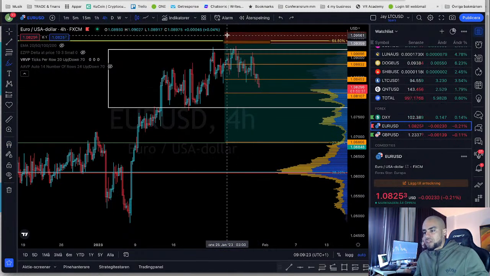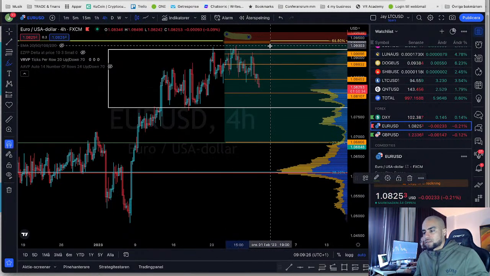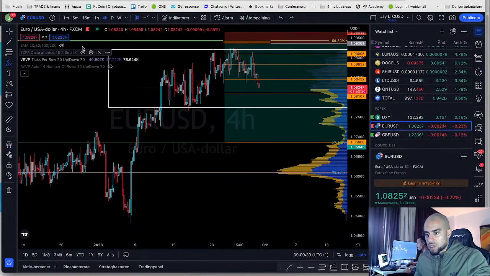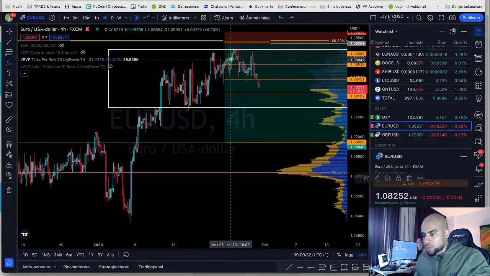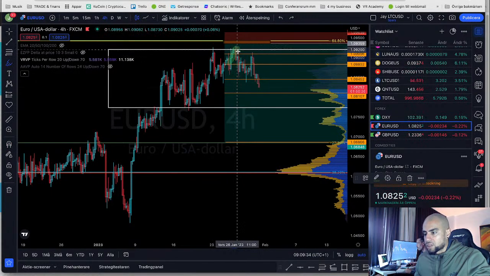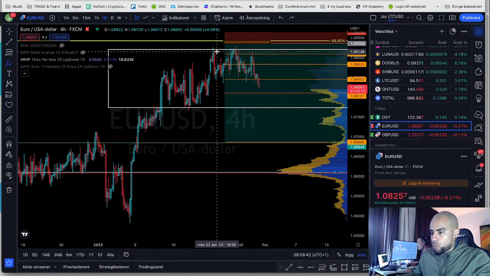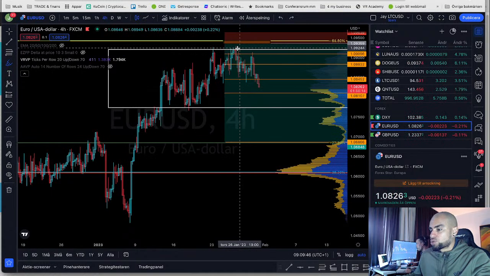I wanted to have the entry zone here actually. So we had the entry zone here. What did the market do? Well, you see it. It came up, but it didn't come up all the way. So it didn't touch our sell limit. It didn't trigger our sell limit. It came up once, almost triggered it, and now it came up again and almost triggered it again.